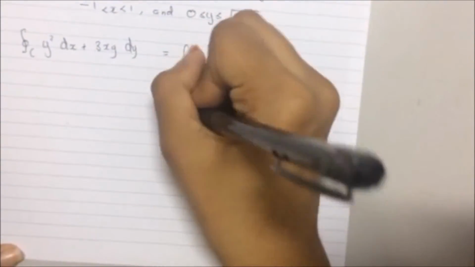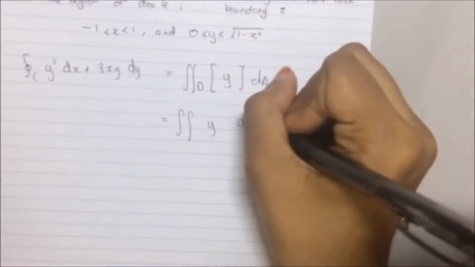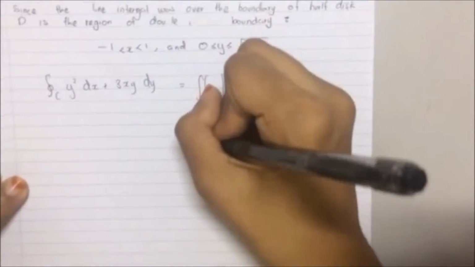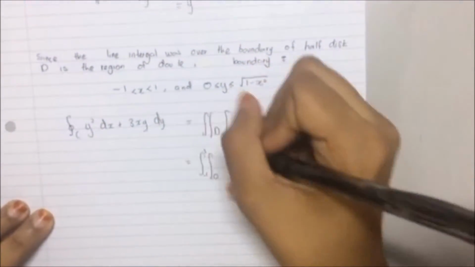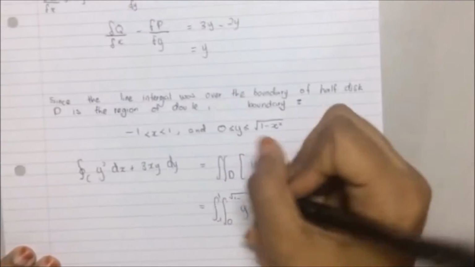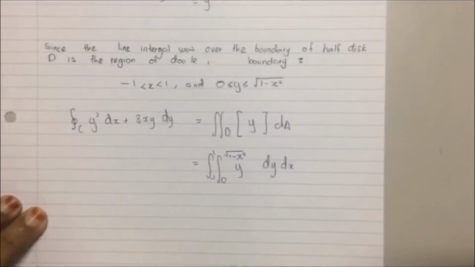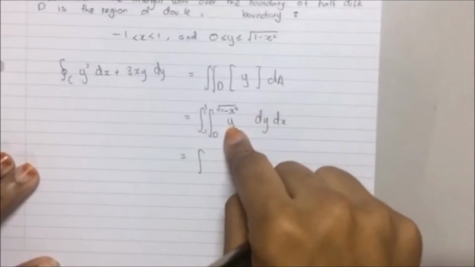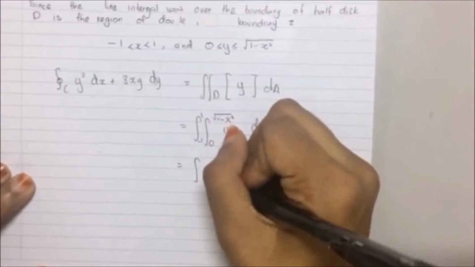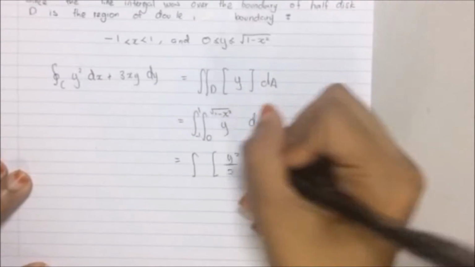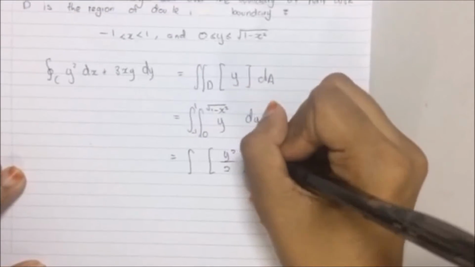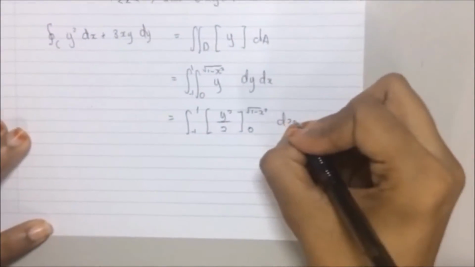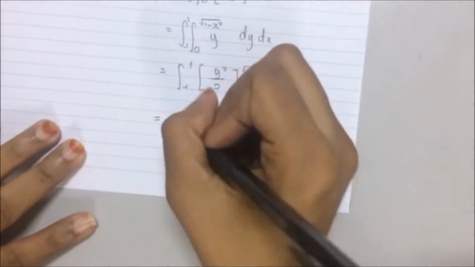So now y is dy dx, and we just include this value here, 1 to -1, 0 to square root of 1 minus x squared, which equals, we integrate this with respect to y, we get y squared over 2, 1 minus x squared to 0, 1 to -1 dx.